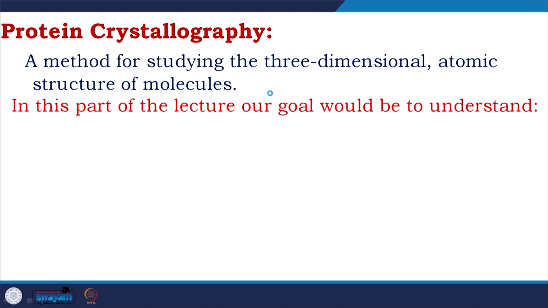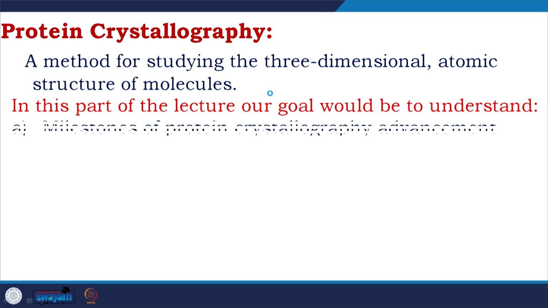In this part of the lecture, our goal is to look at the milestones of protein crystallography advancement. It is a young science, but it has a lot of achievements. Around 30 plus Nobel laureates dedicated their lives to research using X-ray crystallography or protein crystallography as a tool.